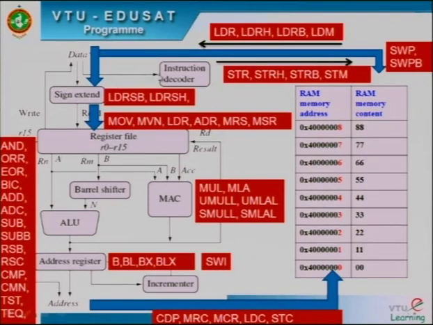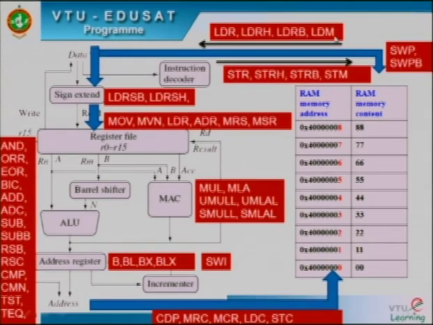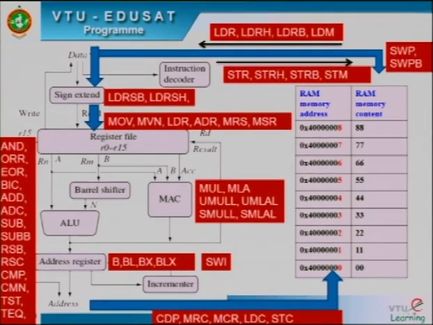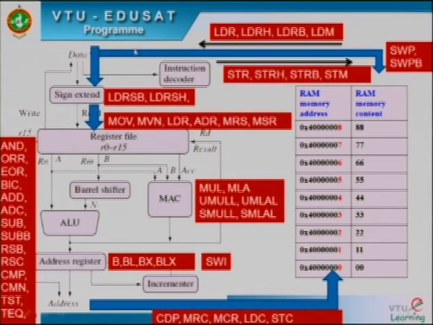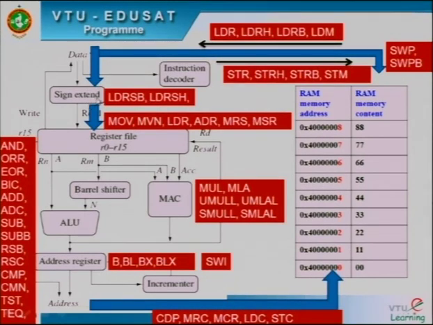To do the load operation, we have the instruction LDR that supports 32-bit, LDRH that supports loading of a 16-bit value, LDRB that supports loading of an 8-bit value, and LDM, that is load multiple registers using a single instruction. Apart from these four, there are another two instructions which work with this sign extended block to load the values to the registers.